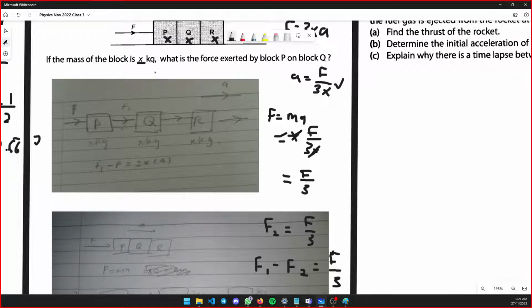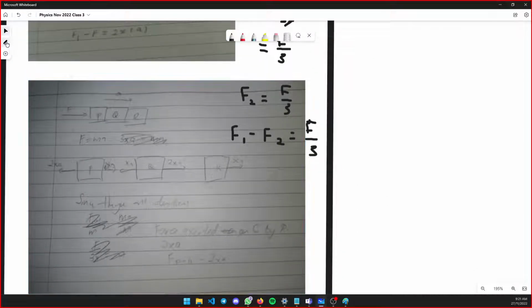Then we know that F1 equals to F2 plus F over 3, so F1 equals 2F over 3. So on Q, okay.